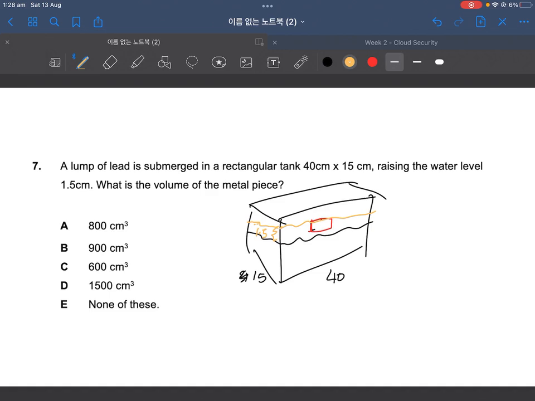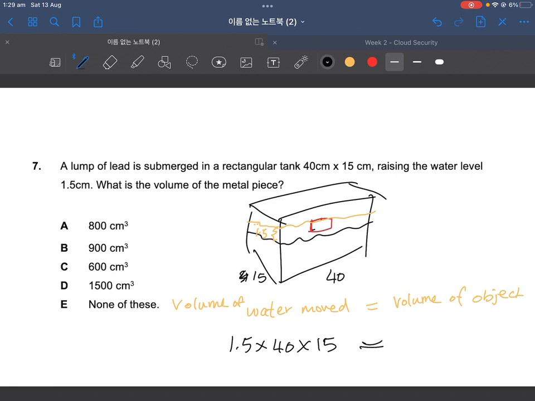So the volume of water moved is equal to the volume of the object, meaning that if I calculate the volume of water moved, which is 1.5 times 40 by 15, I get the volume of the object, which equals 900 cubic centimeters.